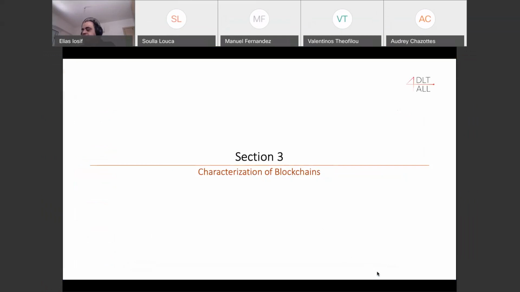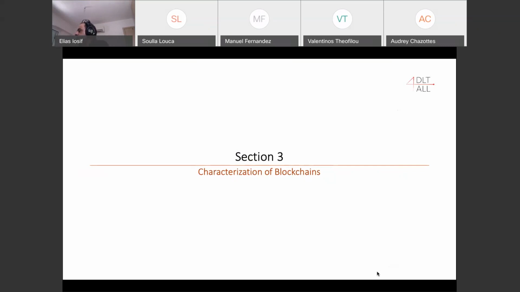I would like to start this part by asking a very quick question: do you believe that a single monolithic blockchain implementation fits all the purposes for use cases such as those discussed before?